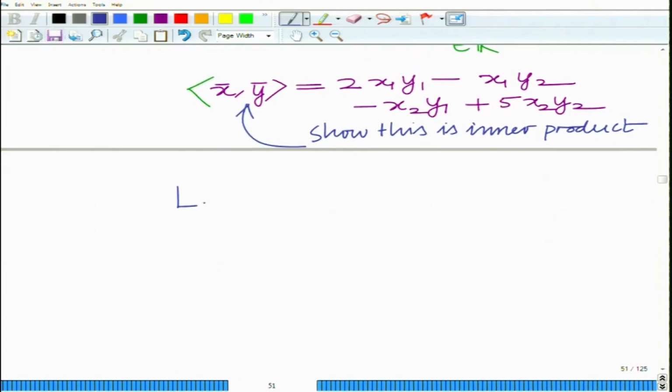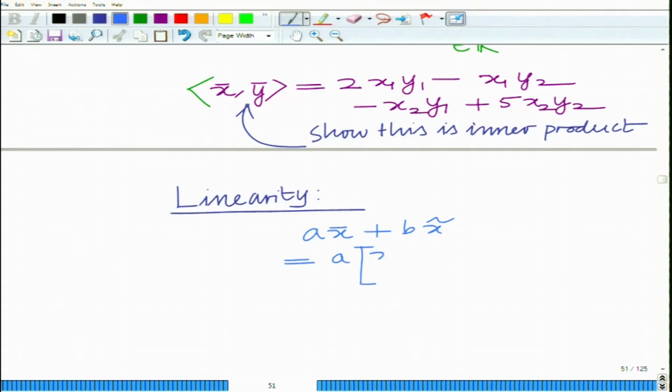As usual, we start with the linearity property. Let us consider a vector A x bar plus B x tilde, that is, A times x1, x2, the 2-dimensional vector, plus B times x1 tilde, x2 tilde.